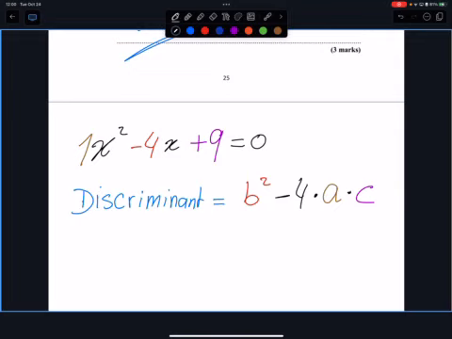So b squared is negative 4 squared, in brackets. Do not forget: when squaring a negative number, it's always in brackets.